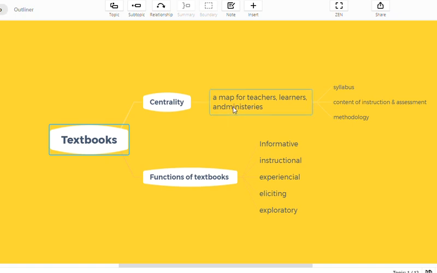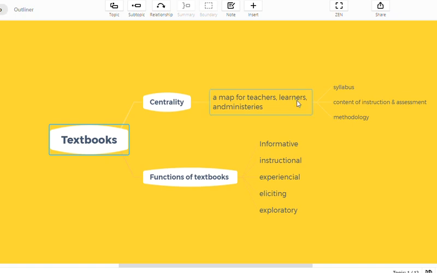So textbooks are means in the hands of policymakers and authorities to convince the readers, convince learners, and also teachers, syllabus designers, materials developers to teach and learn whatever they prefer.